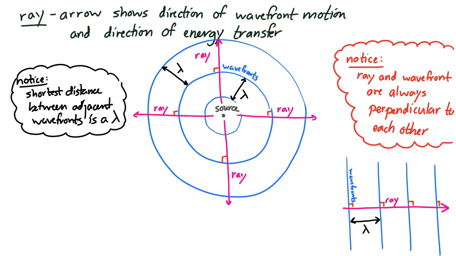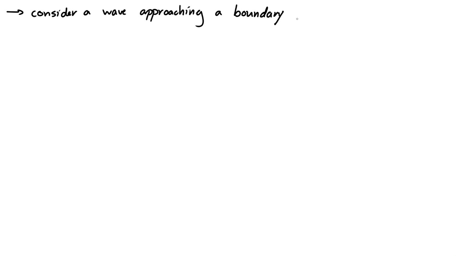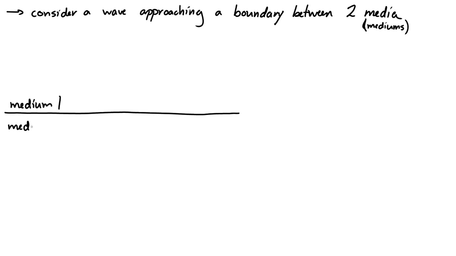Okay, so on to the phenomena. Imagine that we have a wave approaching the boundary between two mediums, or media. I'm going to draw the rays for that situation. Here's medium 1, here's medium 2. I'm going to have an incoming wave, and this is the ray for that wave.